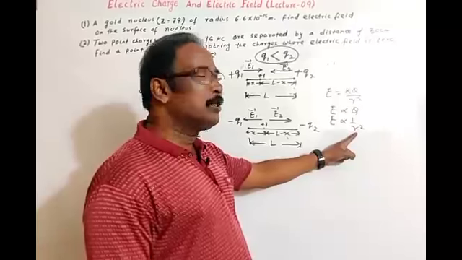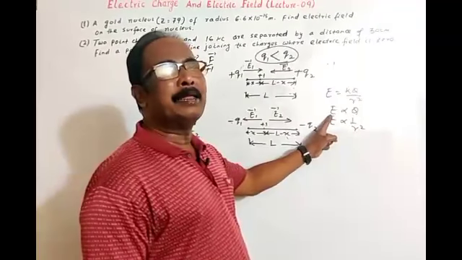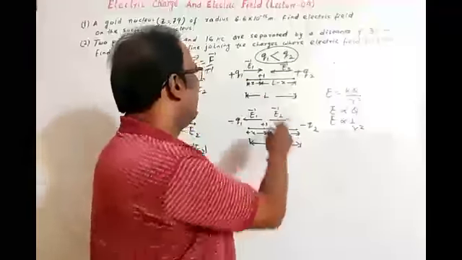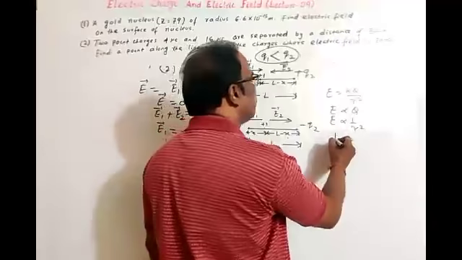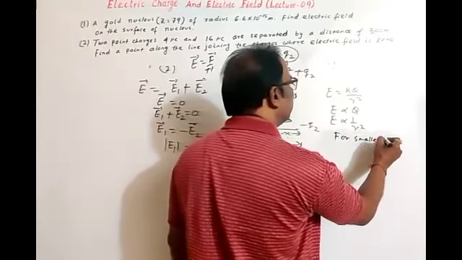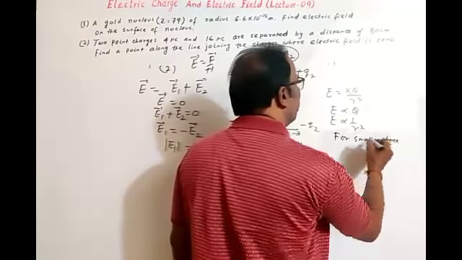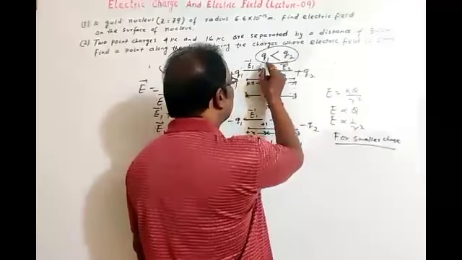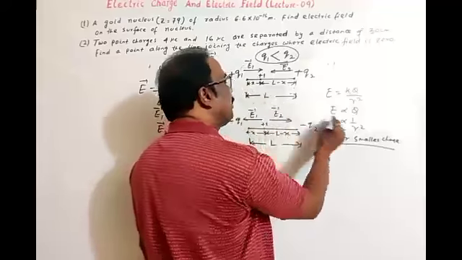If the distance is more, then the electric field is less. Considering the smaller charge, these are the concepts. Charge is less, meaning Q1 is less than Q2.